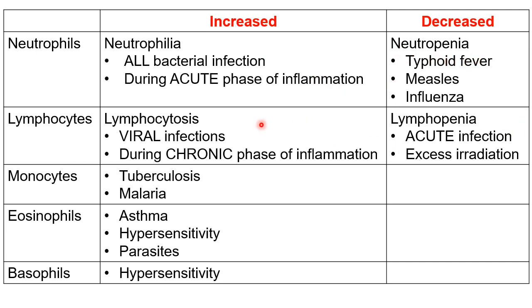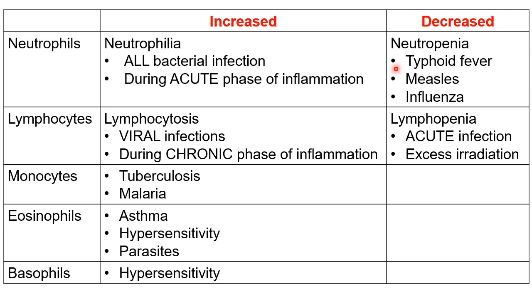So, discuss naman natin yung mga different conditions causing this derangement. So, halimbawa sa neutrophilia, your neutrophils is expected to be increased in all bacterial infection and during acute phase of inflammation. Okay? Sa neutropenia naman or bagsak na neutrophils, dito natin ma-correlate si typhoid fever.